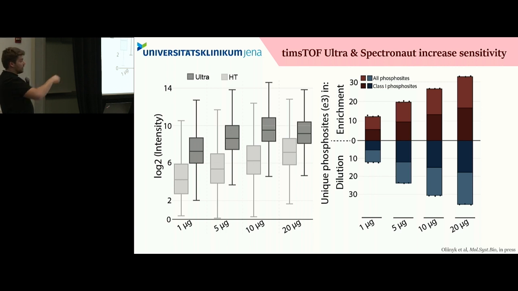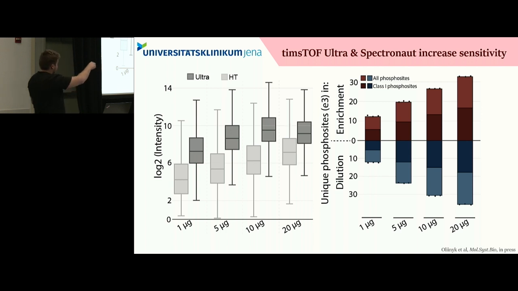You do not really see the difference, meaning that the quality of the enrichment doesn't really drop over this quite wide range of starting protein materials, meaning that we can actually deliver the vast majority of all phosphopeptides from the cells, even from just a couple of thousand cells, to the mass spectrometer for analysis.